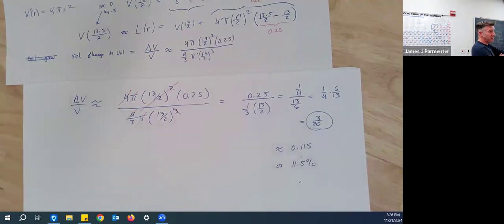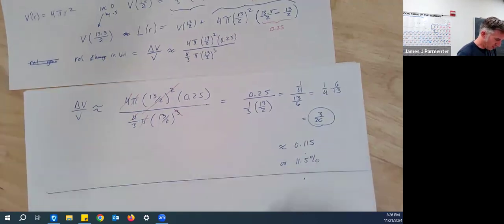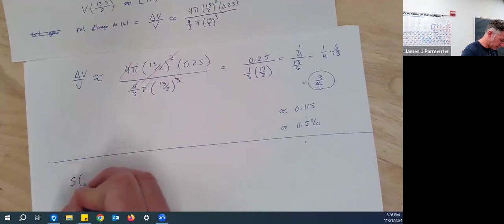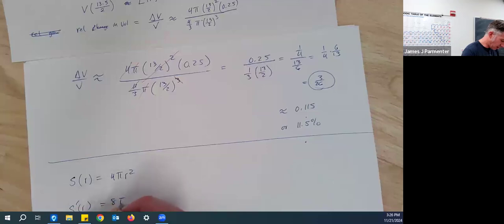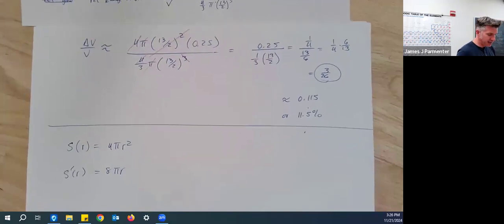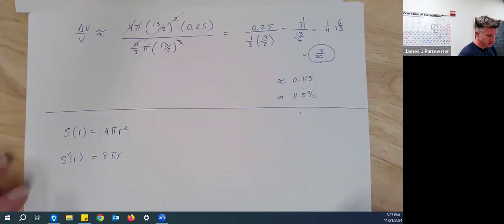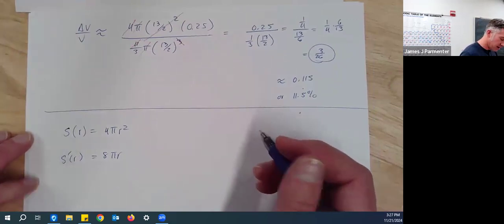And then we can do the same thing for the surface area. So for the surface area, we know that the surface area equation is 4 pi r squared, and the derivative is 8 pi r. So then let's actually skip all the hubbub. That sounded like the oldest thing I've ever said.